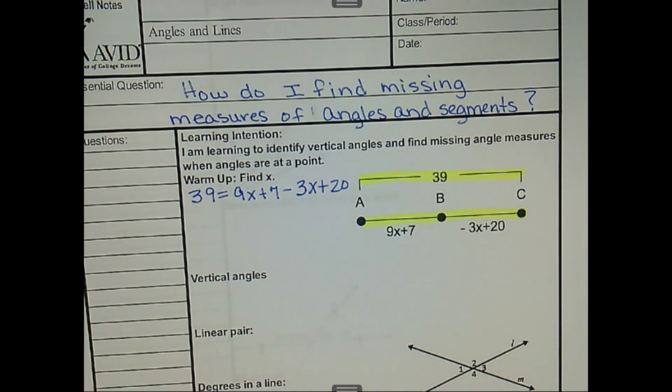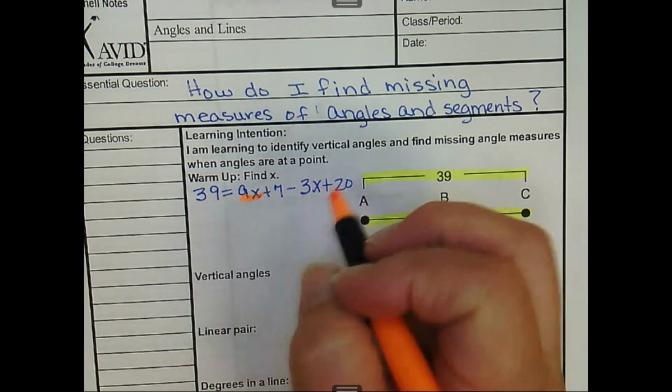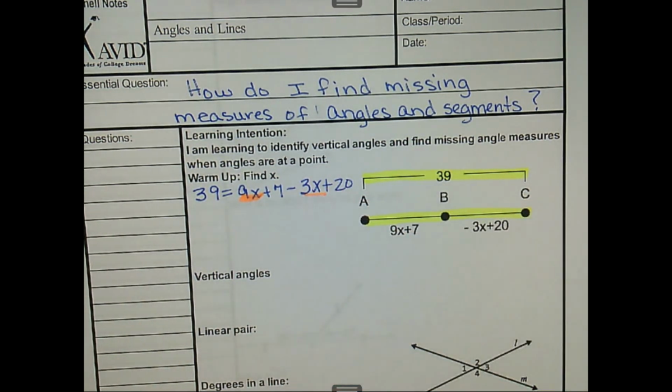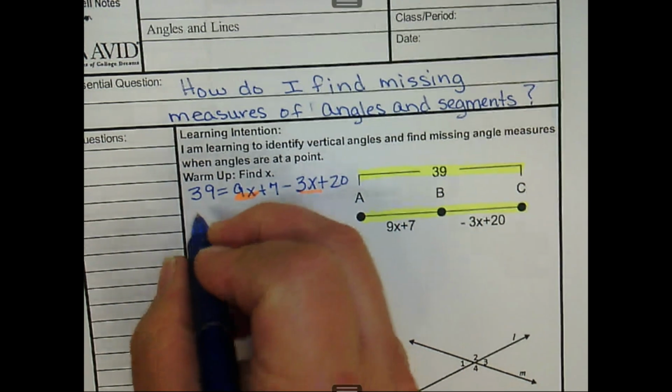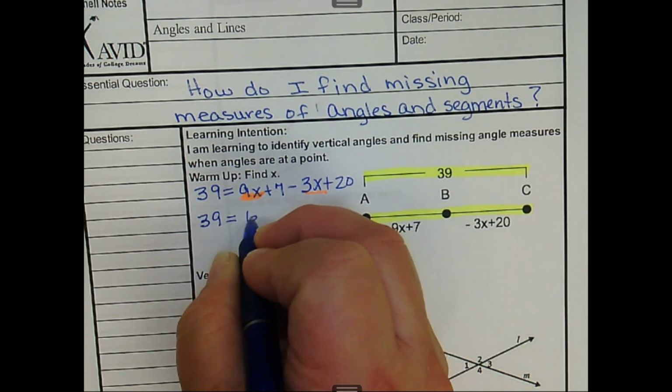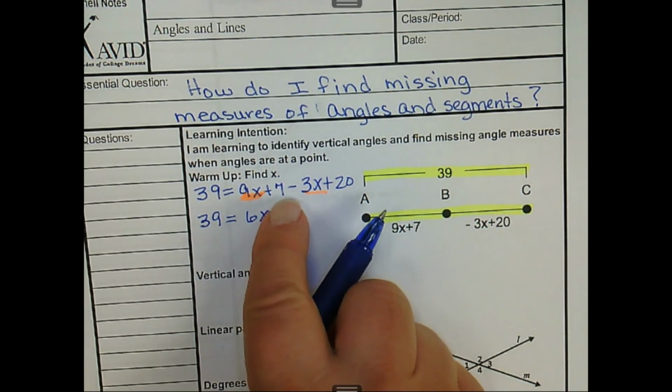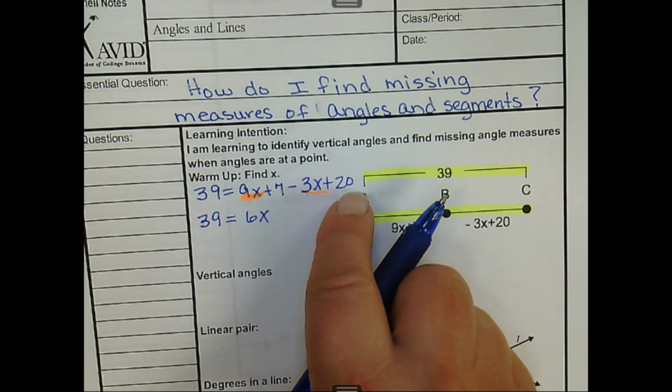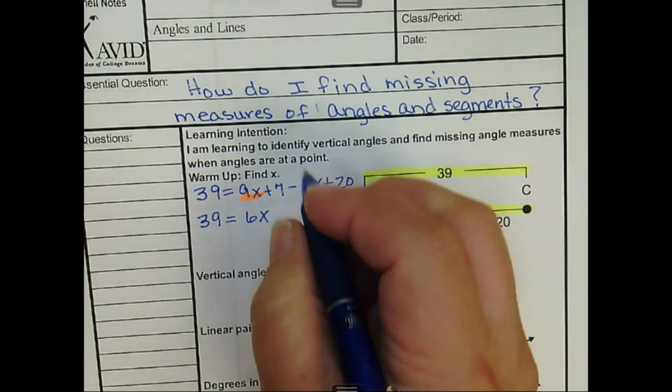Now it becomes algebra. Combining your like terms is always your first step. I've got a 9x, I've got a negative 3x. 39 is equal to 6x, and I've got a 7 plus 20, which is 27.